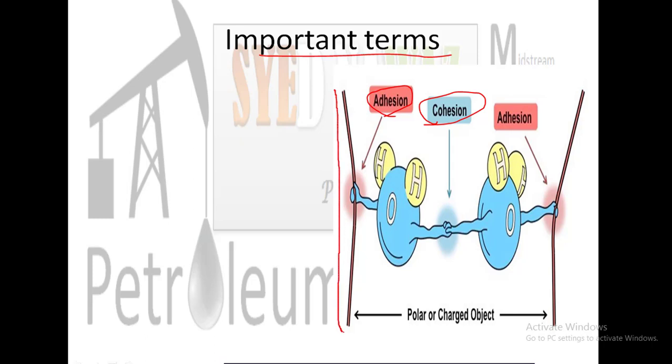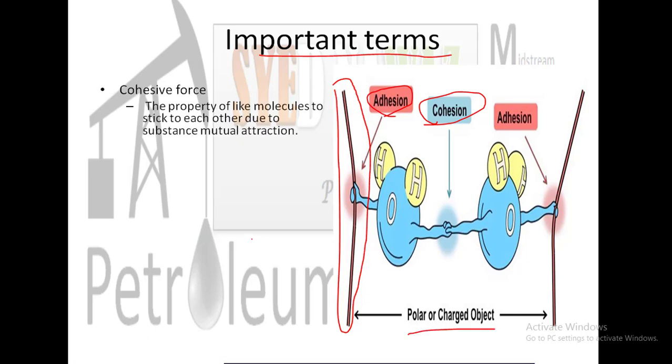This particular object is nothing but a charged object or a polar object. As you can see over here, it is written. Okay, so let us see the first point. So cohesive force is nothing but the attractive force between like molecules. Like you can see over here, this hand shows you the cohesive force, like H2O combines with H2O.